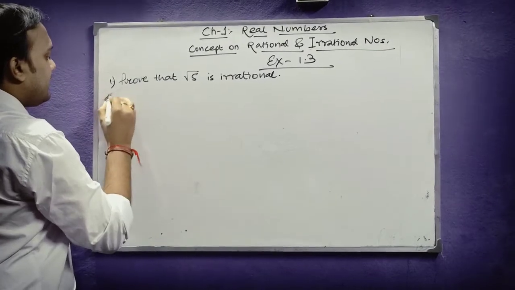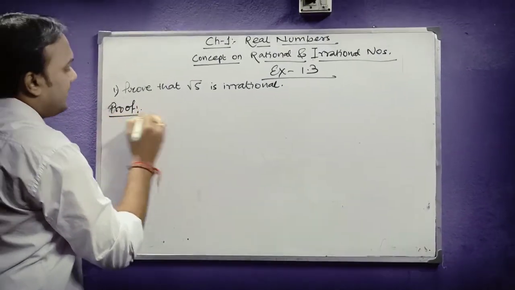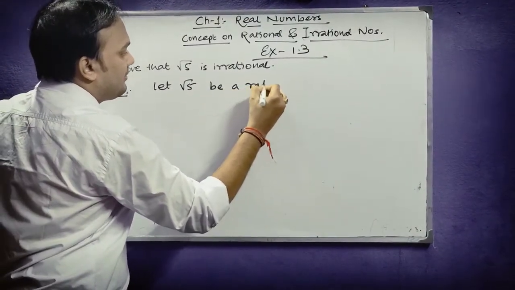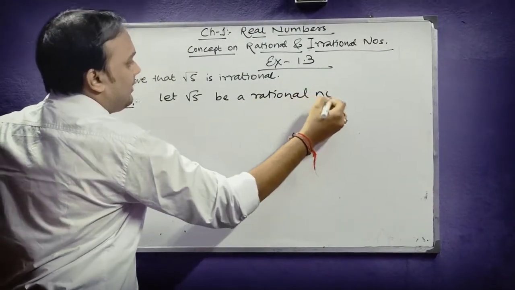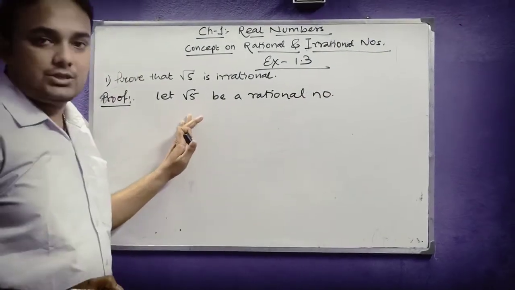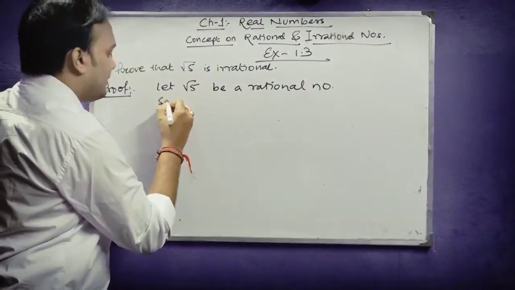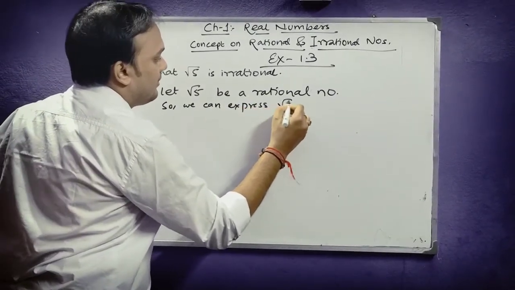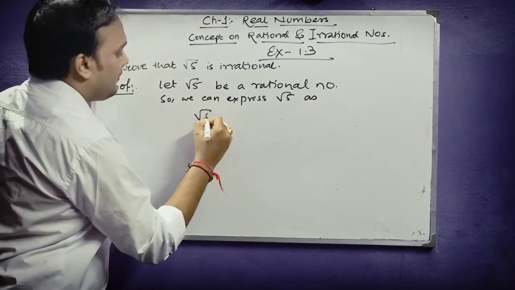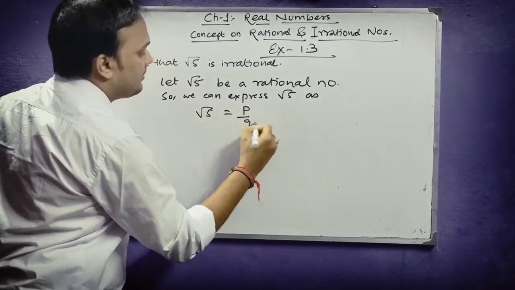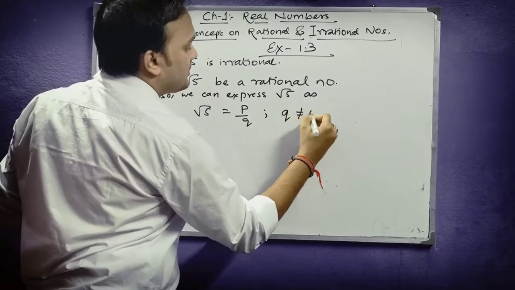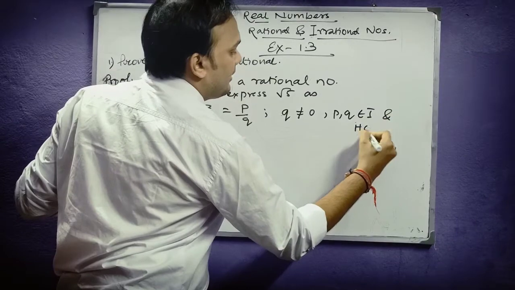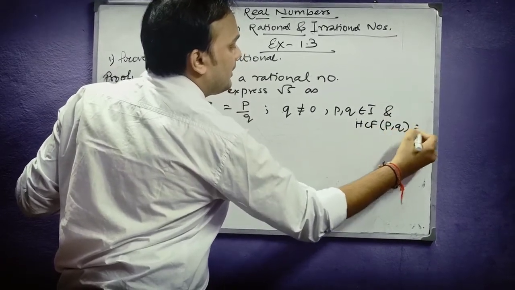So we will be writing as proof: let root 5 be a rational number. So we can express root 5 as root 5 equals P by Q, where Q not equal to 0, P, Q belong to I, and HCF of P, Q is 1.